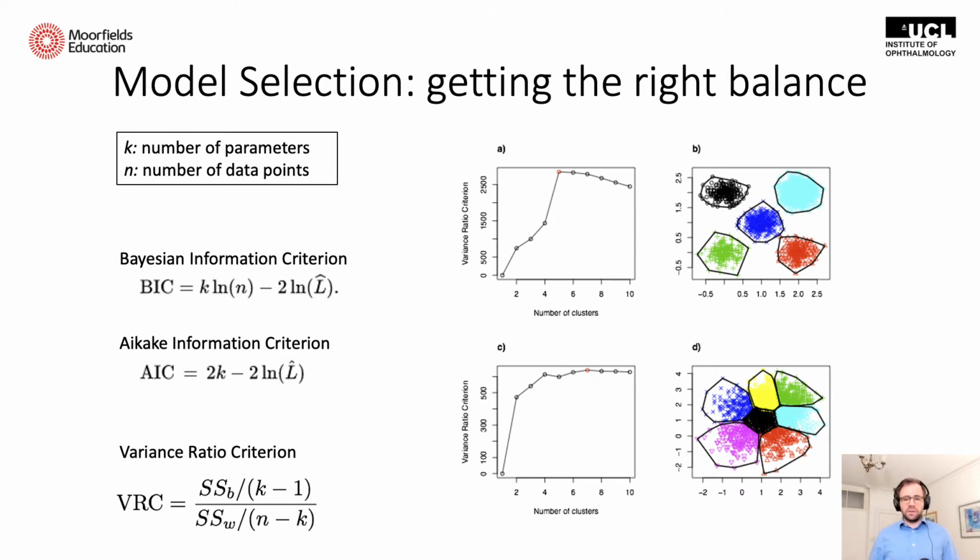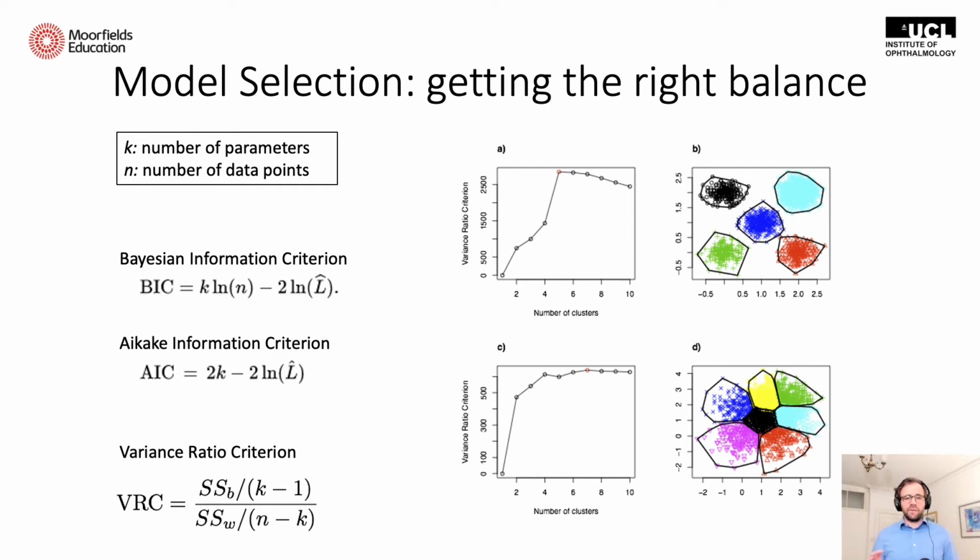So this works. However, just to show you that things are not always as easy, as soon as you start adding some noise into the data and bringing the clusters closer together, then the variance ratio criterion has a much harder time finding the optimal k. To create figure C, we've taken the clusters from figure B, moved them a bit closer together, and increased the spread of the data.